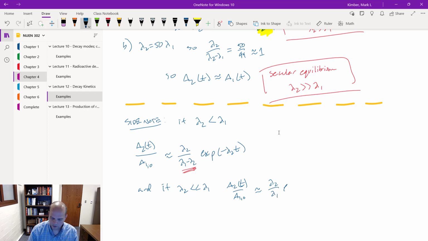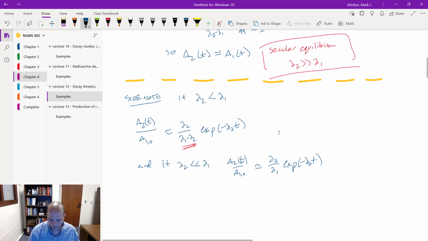The ratio of those two. So in other words, if we take this A1 naught and move it back over, then we see that the activity for isotope 2 is going to be approximately equal to A1 naught, which was N1 naught times lambda 1, multiplied by lambda 2 over lambda 1 times the exponential of negative lambda 2t.